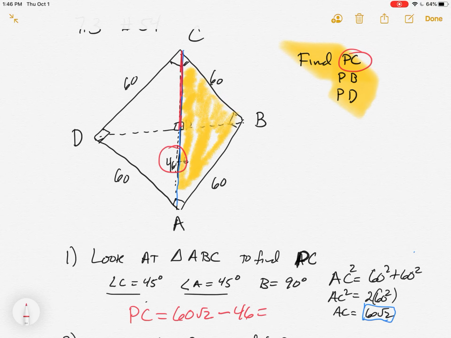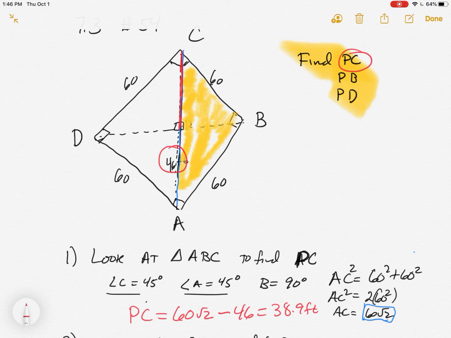And if we look at the difference there, it's about 38.9 feet, right? And so that should be the first one that we find. So that's the distance to second base. They don't have the PC labeling. I did try to keep the same labeling as the solutions. Perfect, right? So we got one of them.